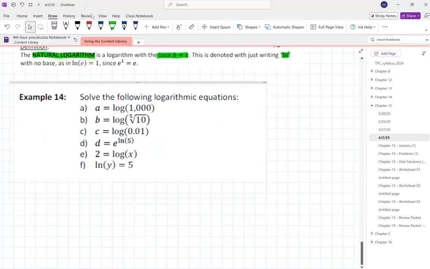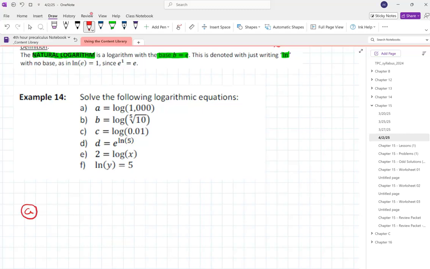So these are just some examples of practice using these two special kinds of logarithms. So the first thing I'm going to do is recognize that I see log here. I know that log means that's the common log, so the base there is 10, even though you didn't write it down, I know it's there.